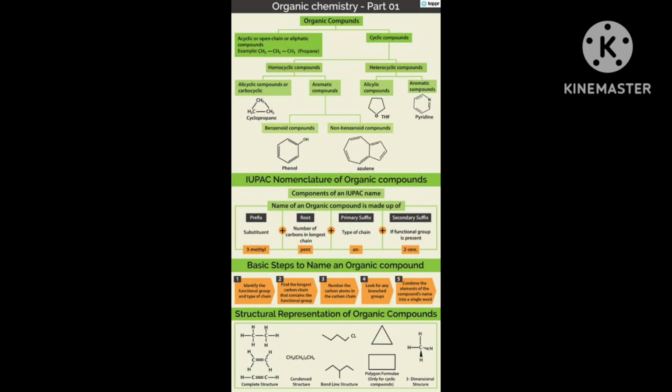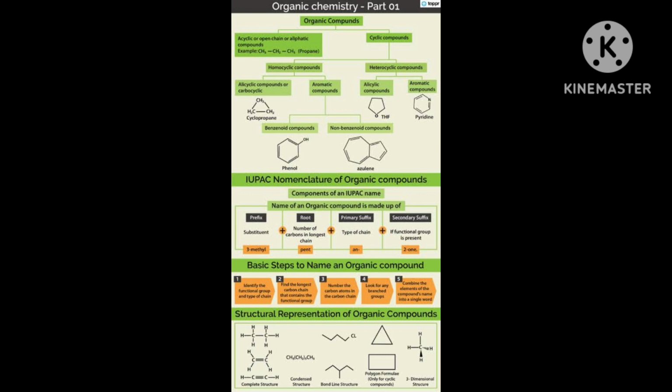Like alicyclic compounds, aromatic compounds may also have heteroatoms in the ring. Means total 6 will be there, but 1 will be other than carbon. Then that is also called a heterocyclic aromatic compound.